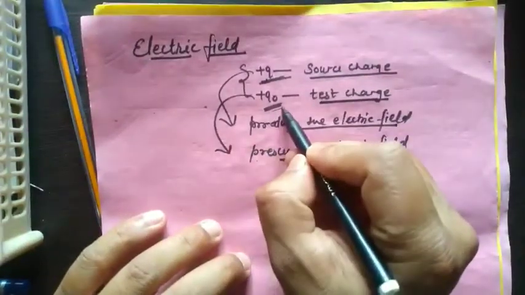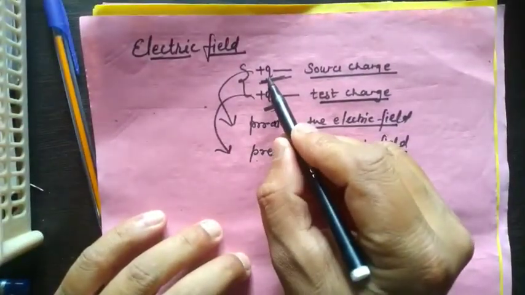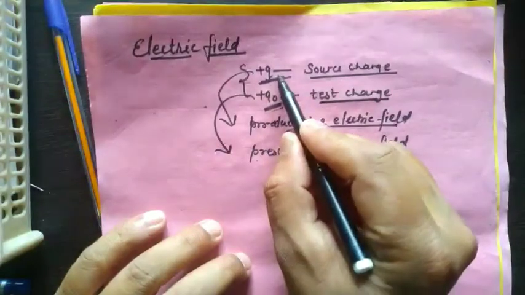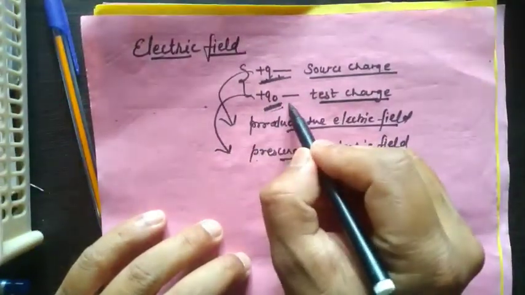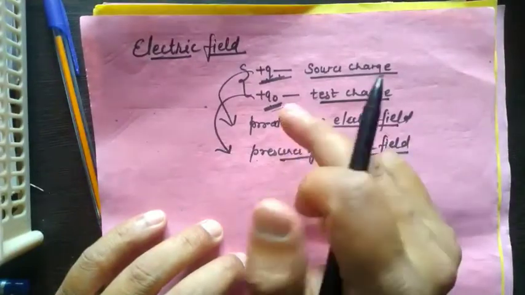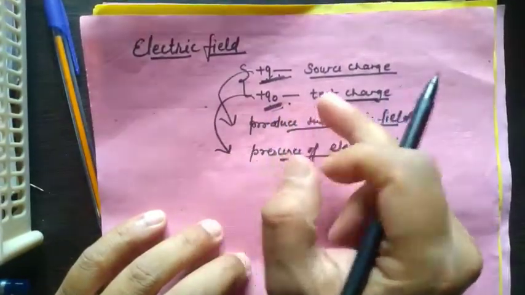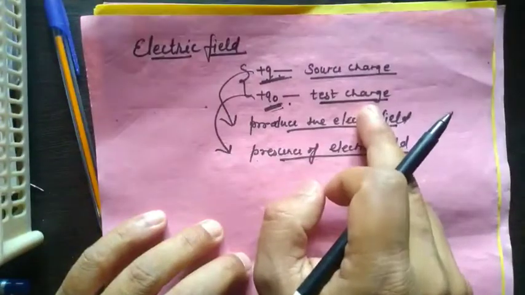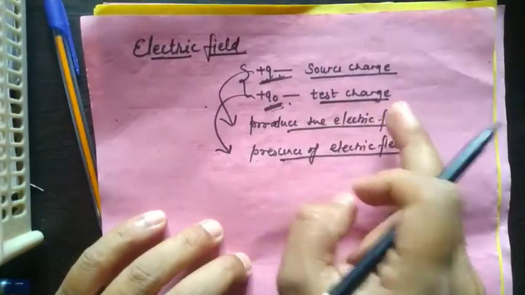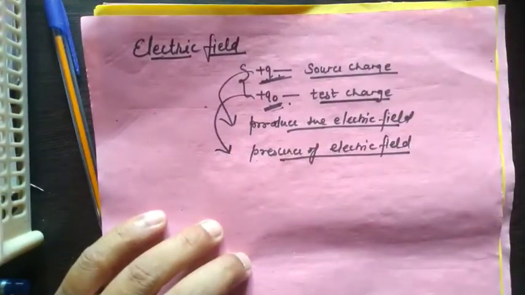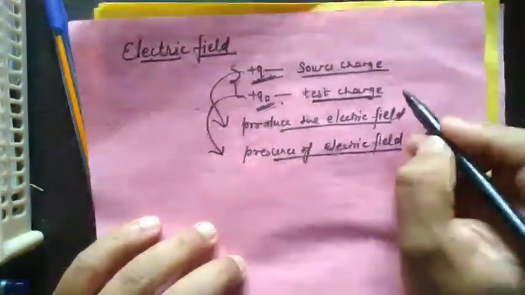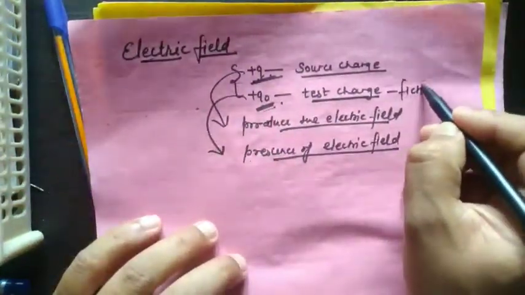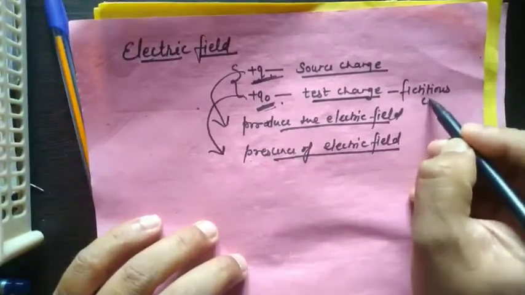The test charge is very small in comparison to the source charge and it has no electric field of its own. It is just a test for the presence of the electric field. It is also known as a fictitious charge.